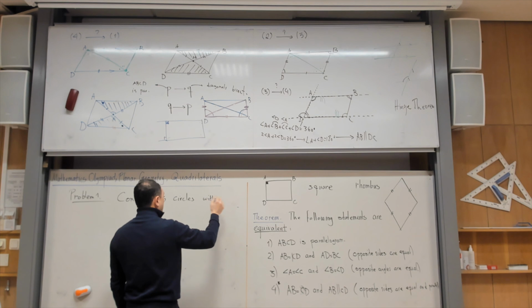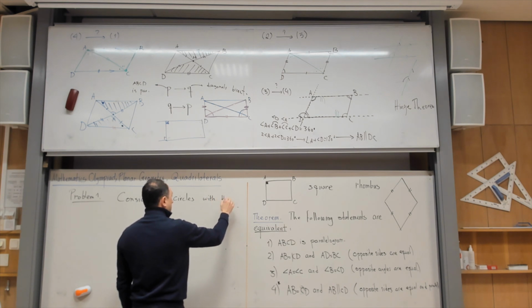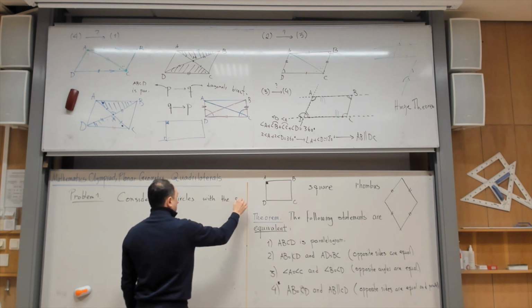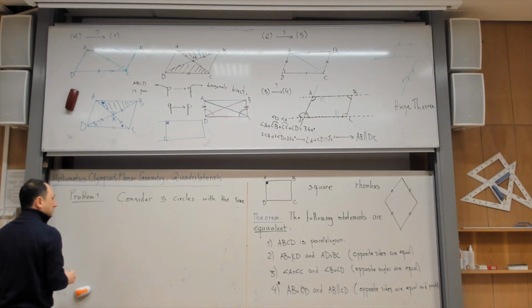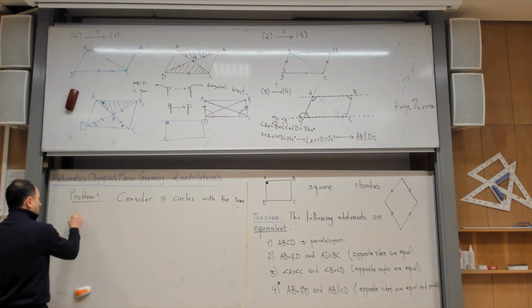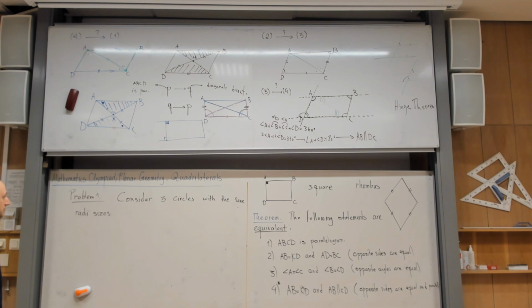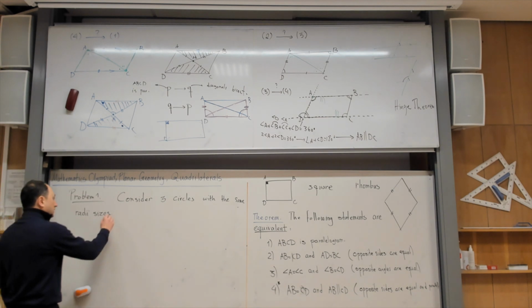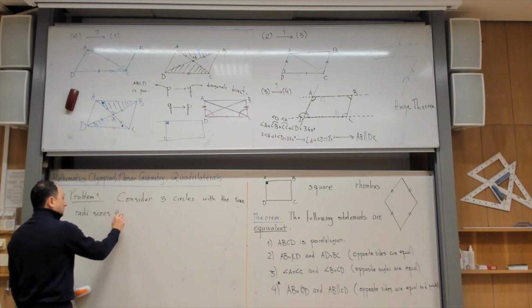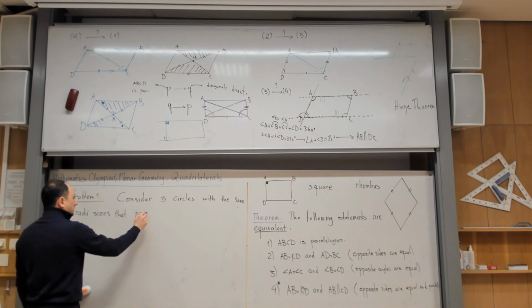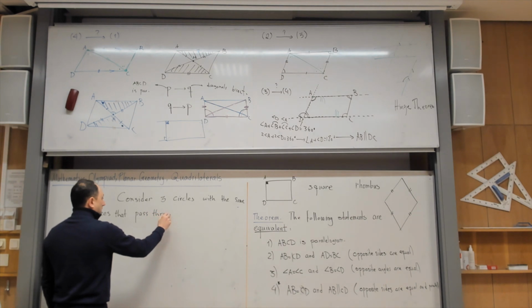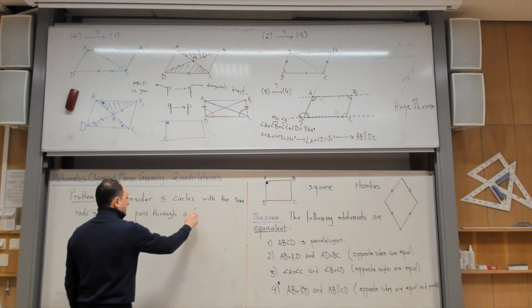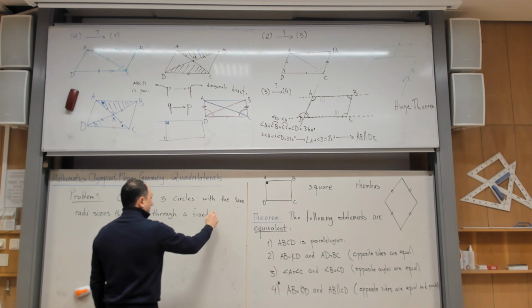So consider 3 circles with the same radii size. I don't know if this English is correct or not. Yeah, something like that. Okay, that pass through a fixed point A.